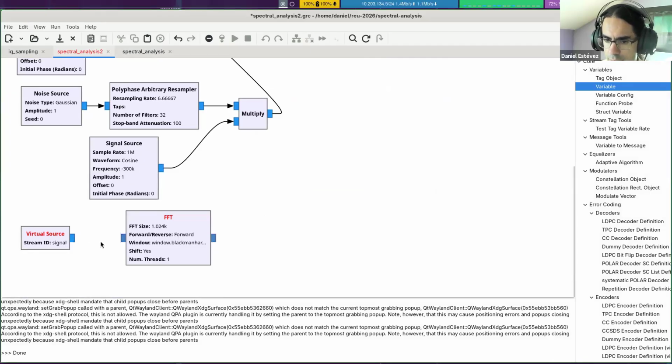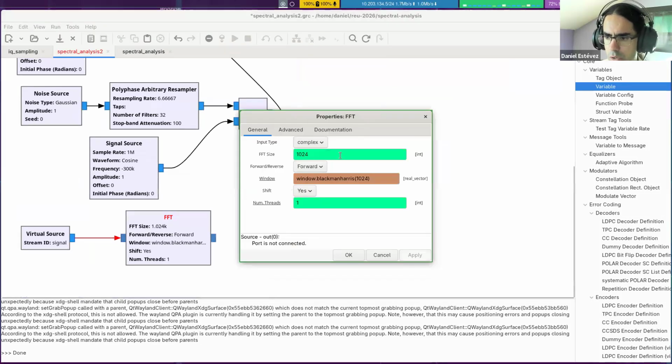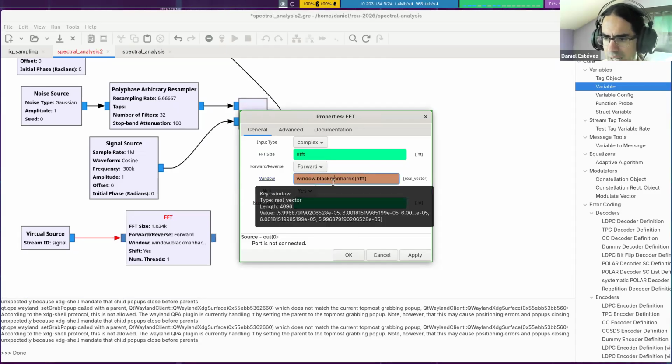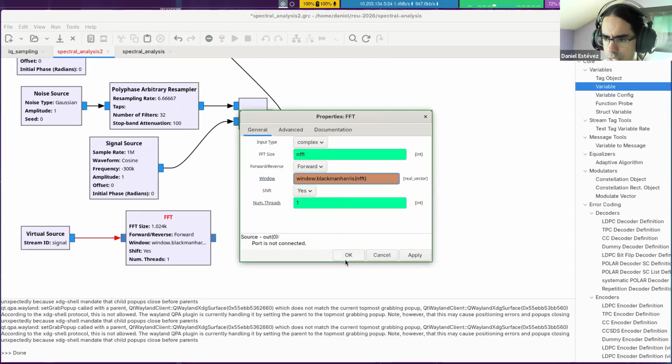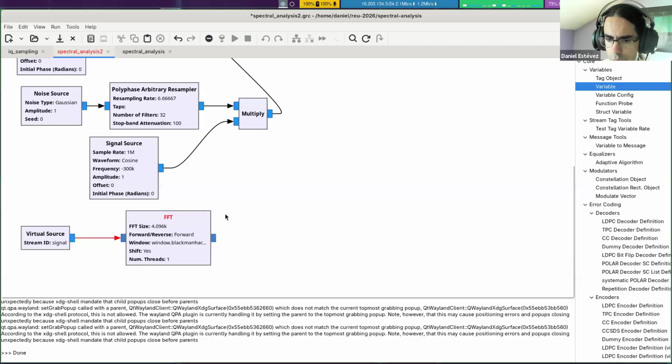And you might notice this is dark blue and this is a lighter blue. If I try to connect them together, I get an error. For sure, I actually need to put NFFT here. And there's a window, for which I also need to set the size. I will come back later to what the window is and why it is useful. But my point now is that I get an error.